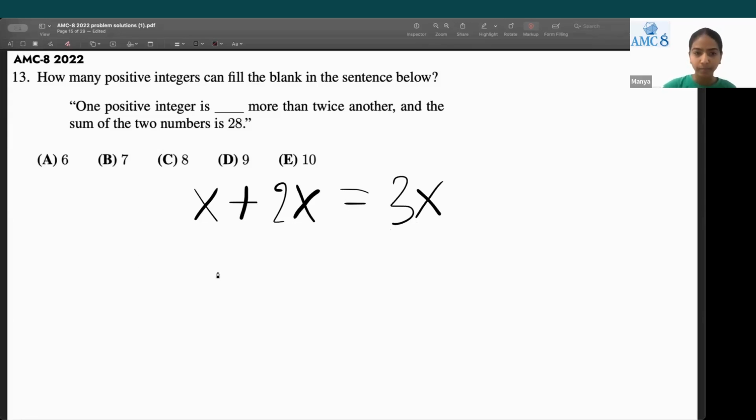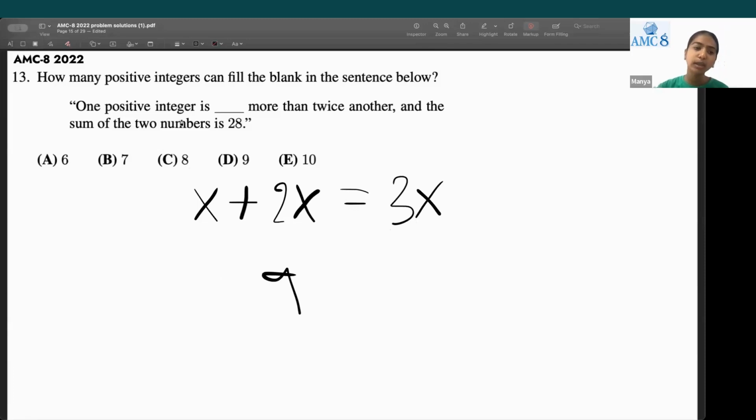So 28 equals 3x plus something. And that means that x has to be less than 28 divided by 3. And 28 divided by 3 is approximately 9 point something. Well, we know that 27 divided by 3 is 9.